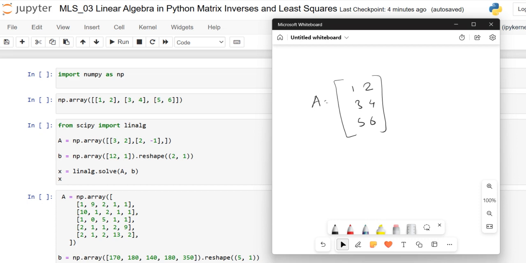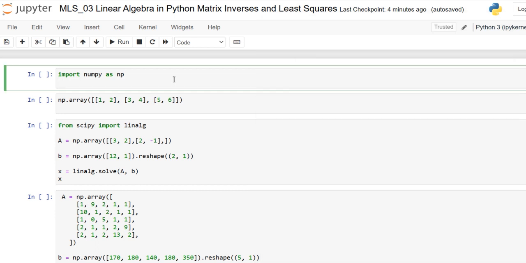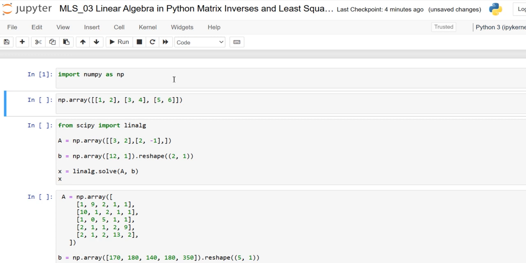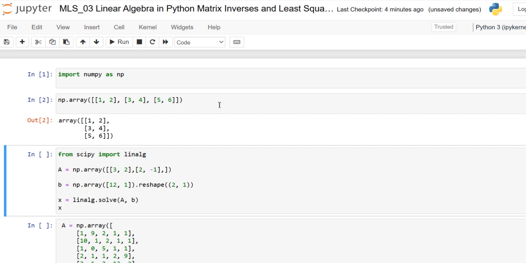Kindly have a note of it. Let me make use of it. Kindly see here, by using NumPy we have imported it, and here is our matrix. Dear friends, NumPy provides several functions to facilitate working with vectors and matrix computations.